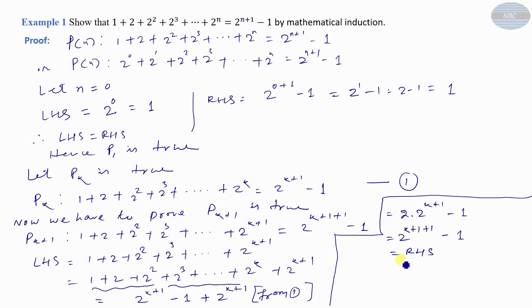So left hand side is equal to right hand side, so the last statement can be written like this: Pk plus 1 is true.